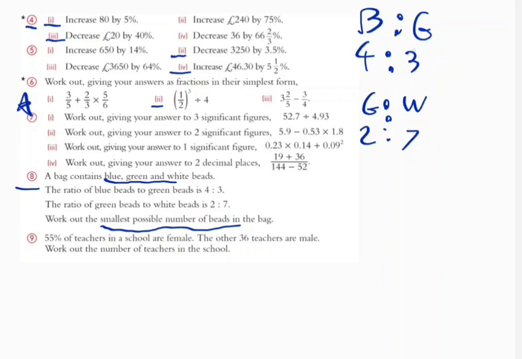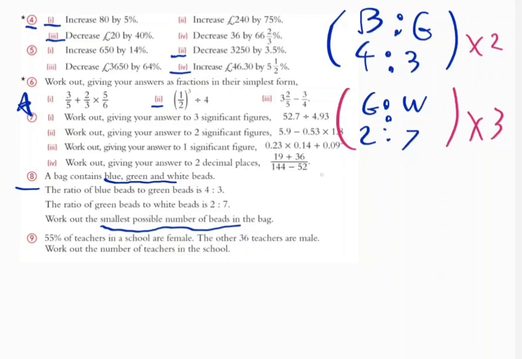In this case, if I multiply the first one by 2 and the second ratio by 3, I'm going to have 6 for green, which is good because both are going to be equal, and that's going to help me a lot in solving the question.